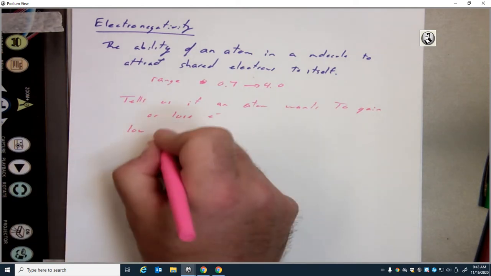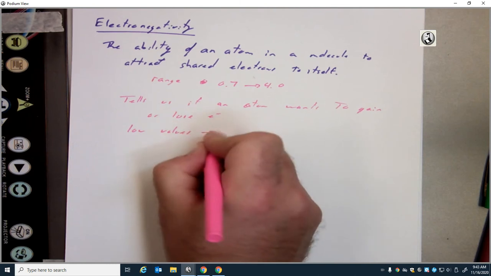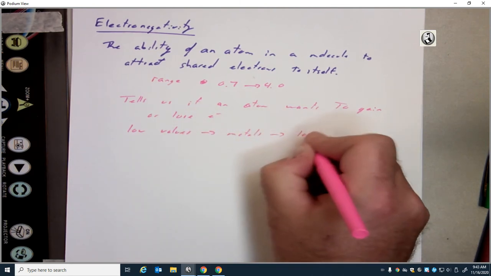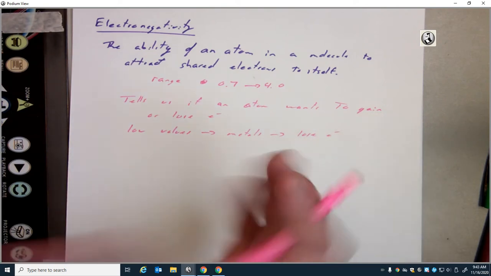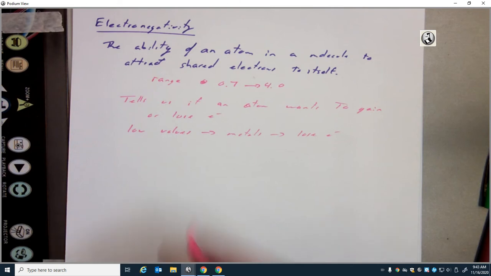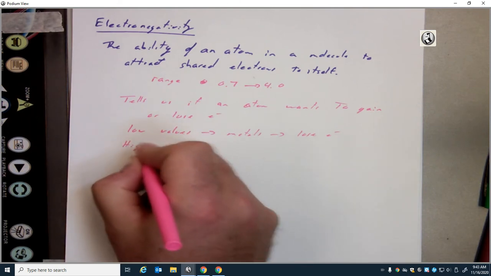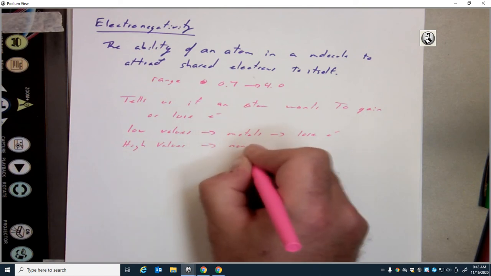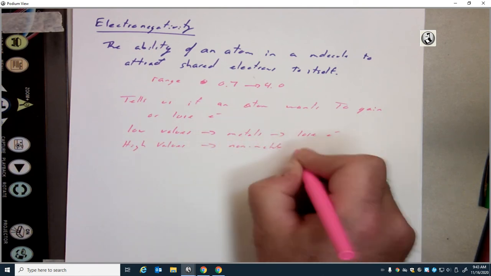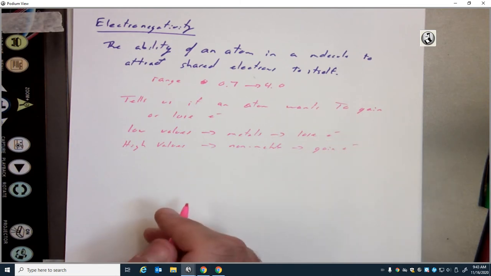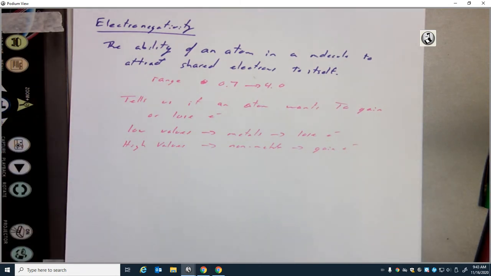Low values, these are the metals, and these want to lose electrons. They don't want to gain them, or when they share them, they don't pull them towards them. High values, these are our nonmetals, which want to gain electrons.